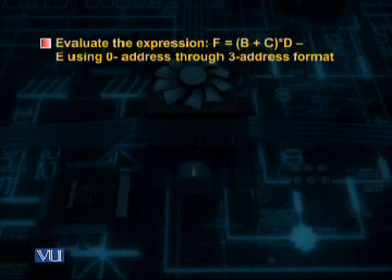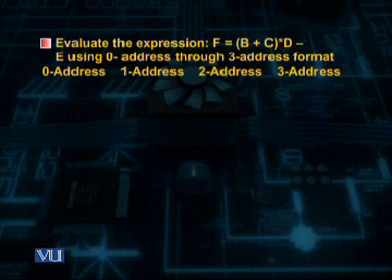In order to execute the expression, say f is equal to (b plus c) multiplied by d minus e, as you can see from here, by using the 0 address format, first of all we have to solve the innermost expression b plus c.